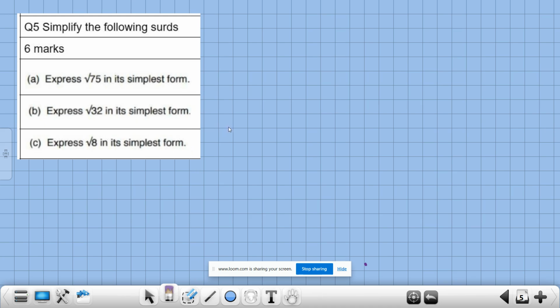So let's think about 75, and I'm going to show it in 2 different ways. You could just think about 75 and think, does it have a factor that is a square number? And you may come out with the fact that it's 25 times 3. So we could rewrite root 75 as root 25 times root 3. That's perfectly acceptable.